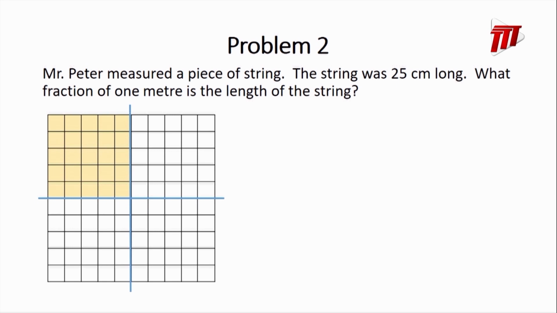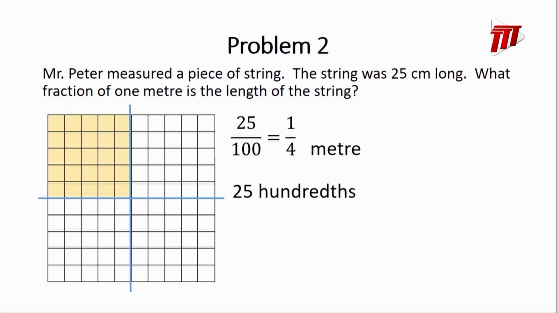I am also going to represent 1/4 on the grid. So here I have a grid which is the 100 squares, and I am representing 1/4, which is 25 squares. 25 out of 100, which is equal to 1/4. Is there any other way I can represent that part or that fraction of string? 25 hundredths.